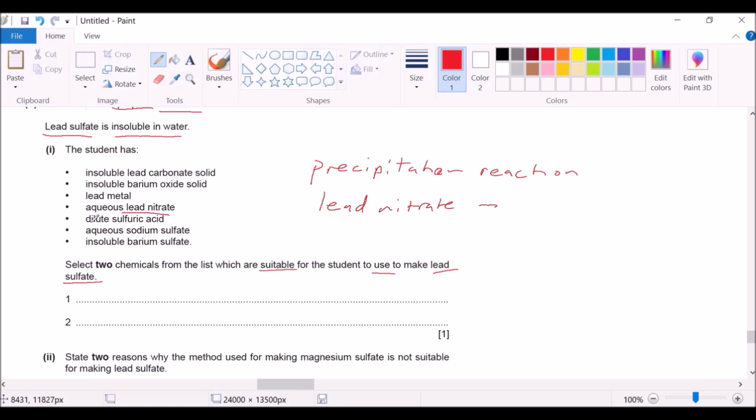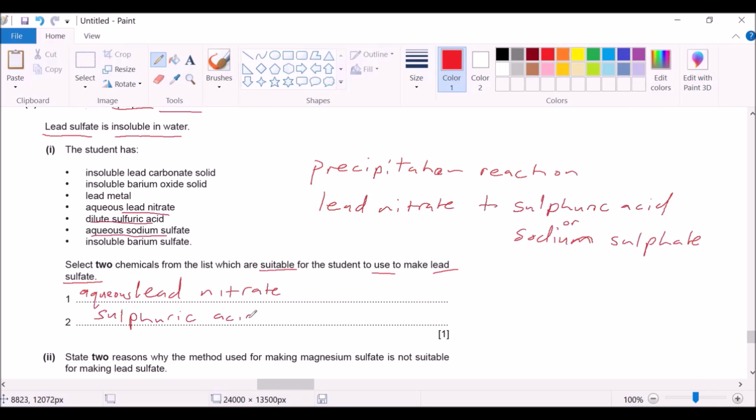So we can have dilute sulfuric acid or aqueous sodium sulfate. So you have a choice between dilute sulfuric acid or sodium sulfate.